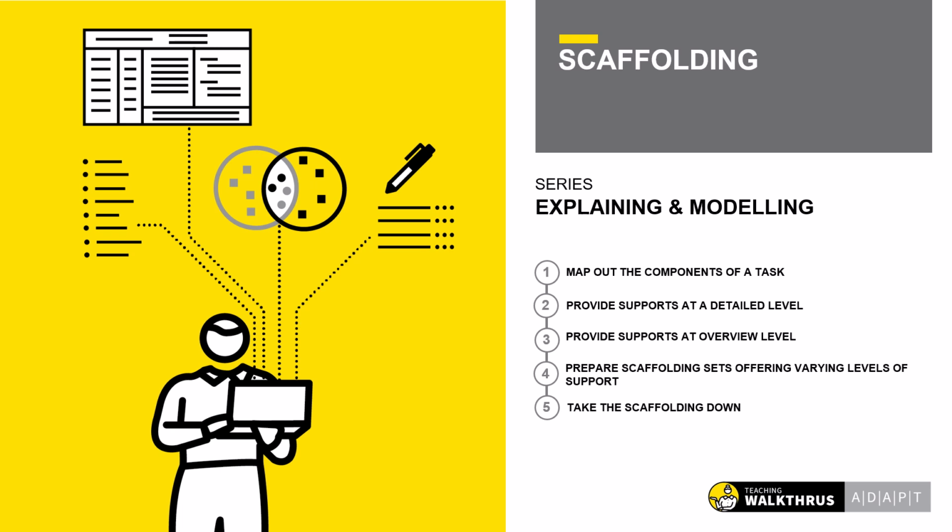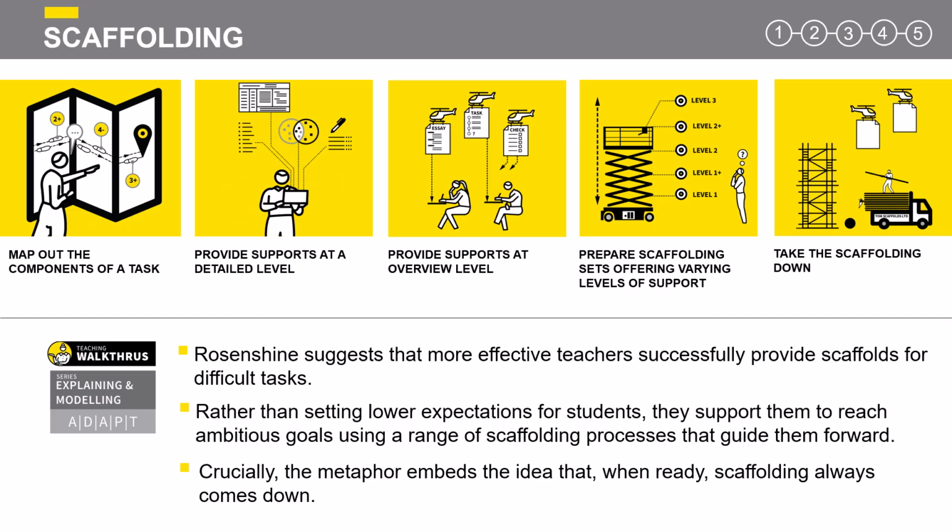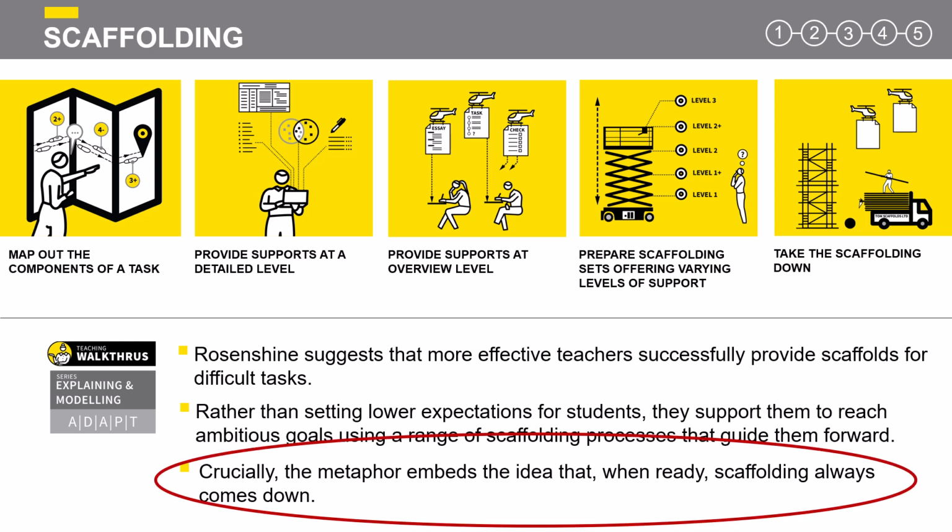We'll start by looking at the way the walkthrough breaks this process down. Here, you can see the 5 steps that they suggest that you take. Pause the video and have a look at what the walkthrough says about this process. Again, we can see that removing the scaffolding is an important element of the process.